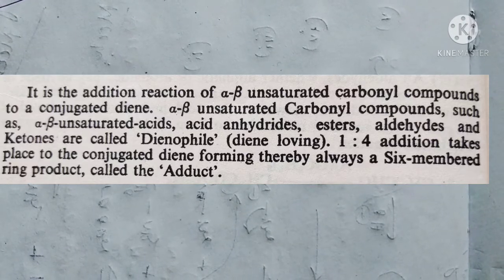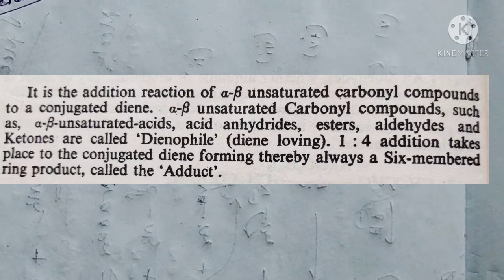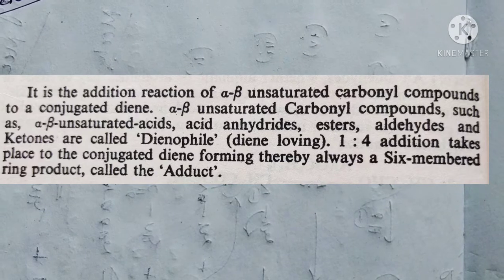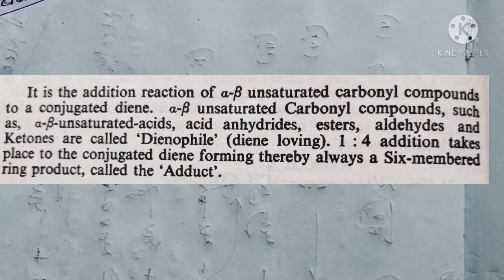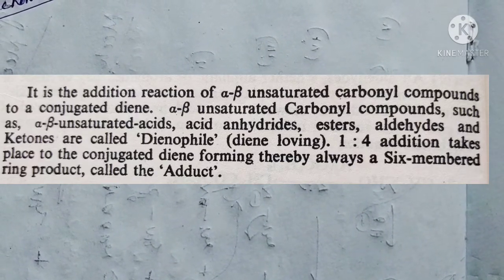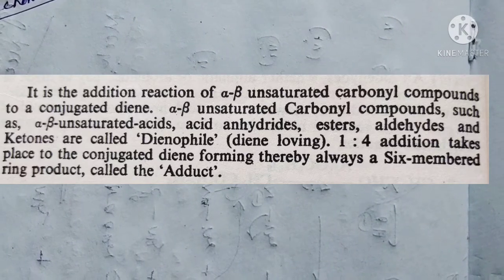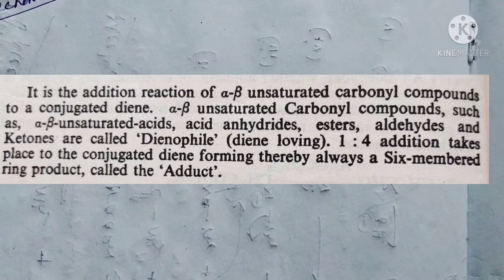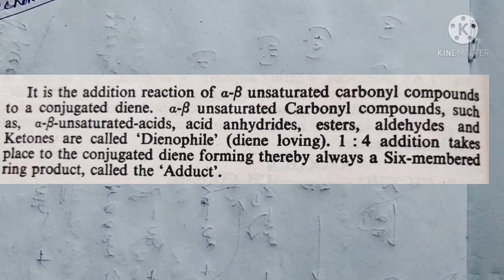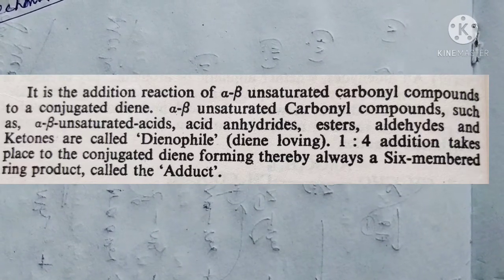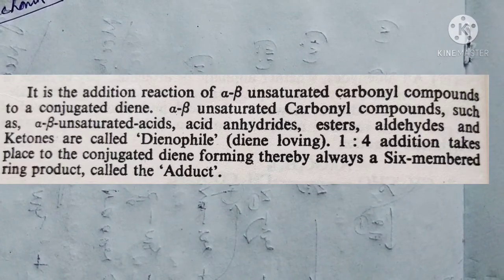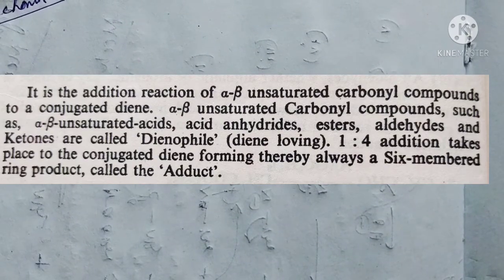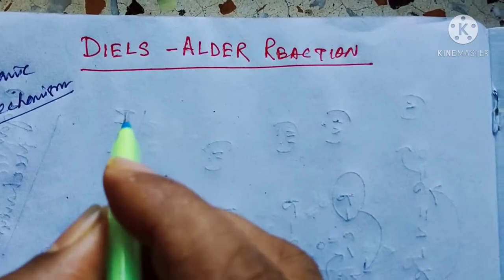Alpha beta unsaturated carbonyl compounds such as alpha beta unsaturated acids, acid anhydrides, esters, aldehydes, and ketones are called dienophiles. That is, 1,4 addition takes place into the conjugated diene, thereby always forming a 6-membered ring product called the adduct. Now I am going to show you what is actually happening over here.